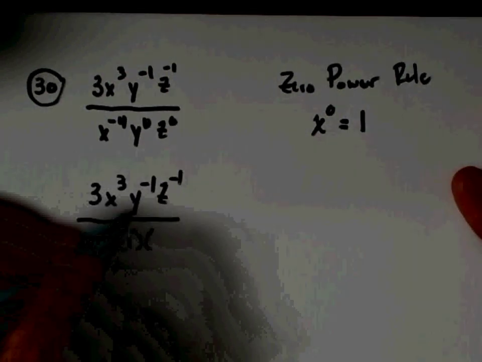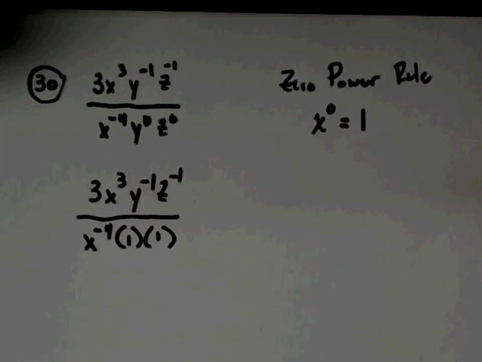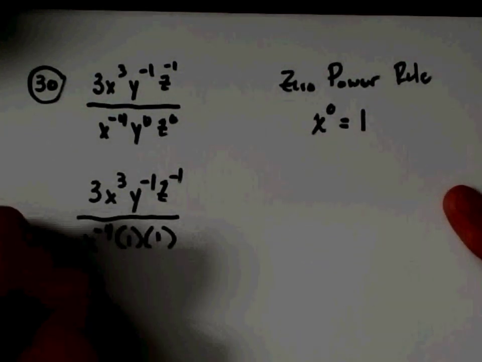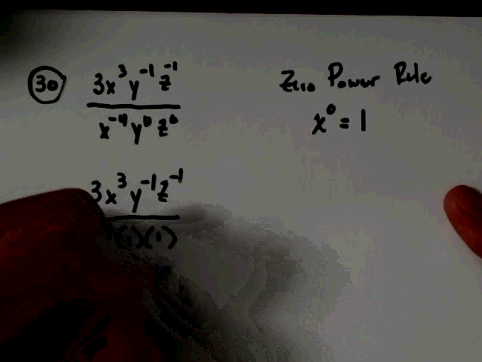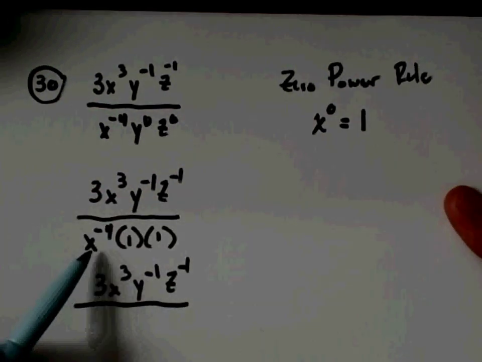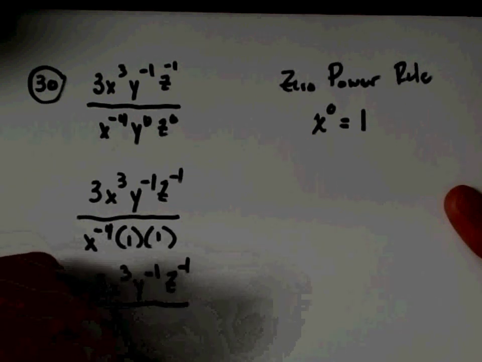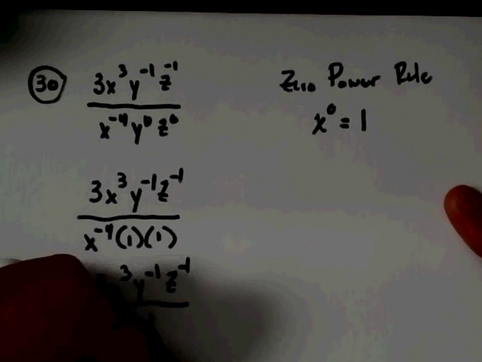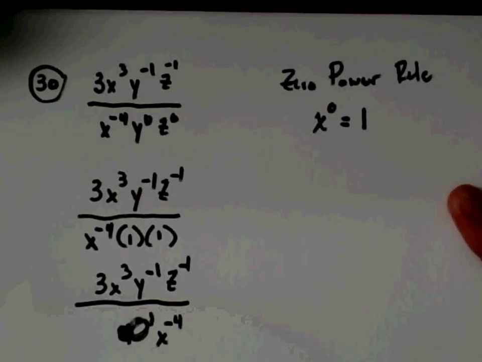Z to the 0 is 1. And now I can multiply. Okay, and when I multiply, the top still has not changed yet because we haven't addressed anything up there yet. And the bottom becomes x to the negative 4 times 1, which is just x to the negative 4.